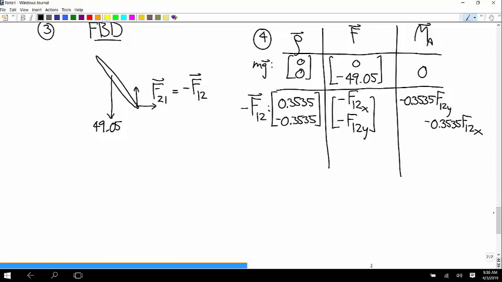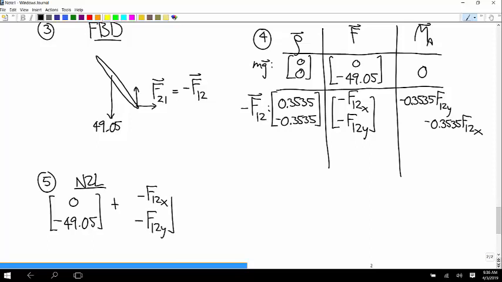Do we need Newton's second law for this one? Yeah, no fixed point, so we need it. So we have 0, negative 49.05 plus negative F12x, negative F12y is equal to the mass of the body times the acceleration of its center of mass.